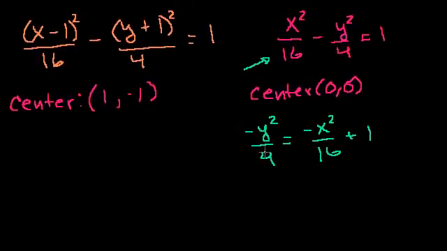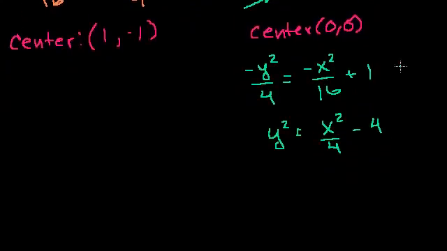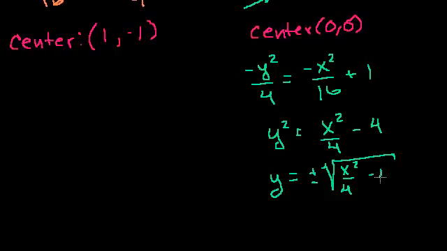And then let's say multiply both sides by minus 4, and you get y squared is equal to, the minus cancels out with that, and then 4 over 16 is x squared over 4 minus 4. And so y is equal to plus or minus the square root of x squared over 4 minus 4.